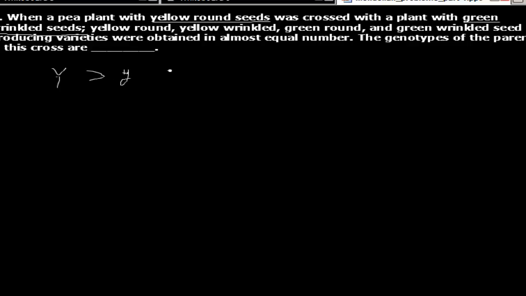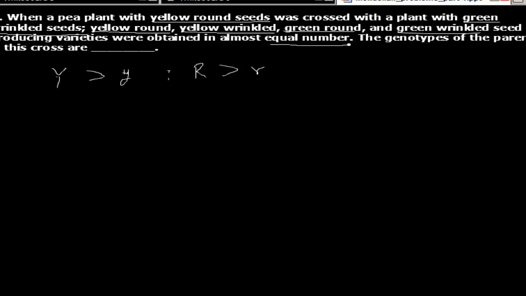Similarly, round is dominant over wrinkled. So here small y denotes green and small r denotes wrinkled. So in the given case, what we see is that the progeny, that is yellow round, yellow wrinkled, green round and green wrinkled, are produced in equal numbers.